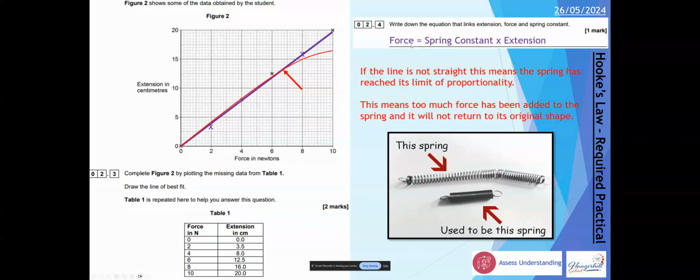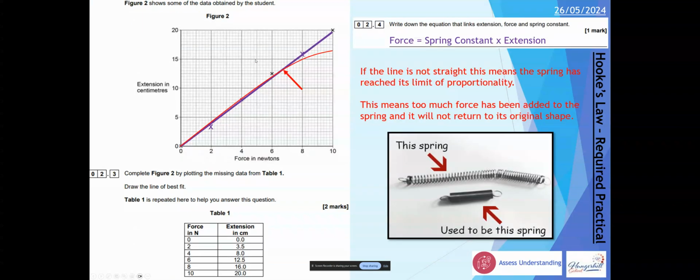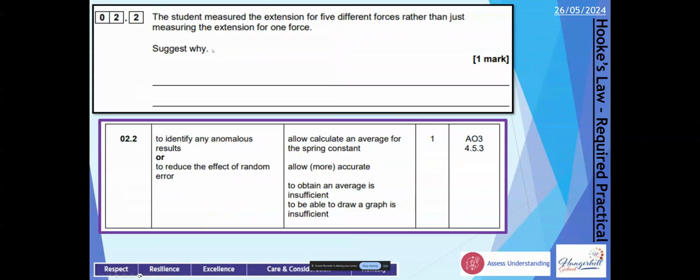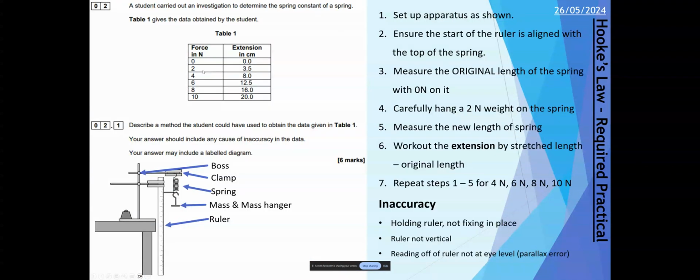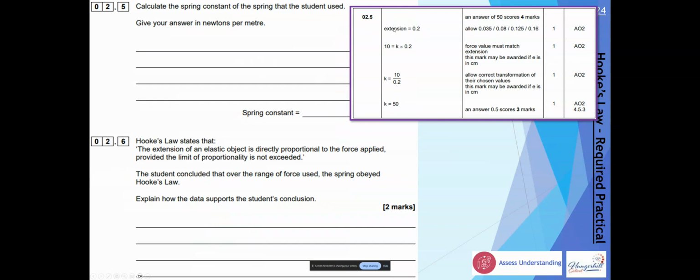Next, we use our equation from before to work out this. We've got this data in the table, so we just use the data in the table here. You could use any of these rows, but I would use the numbers that were easier, 10 and 20. But remember, these are in centimeters, so to get to meters, we need to divide by 100. So the first thing we do is get our extension, that was 20 centimeters.